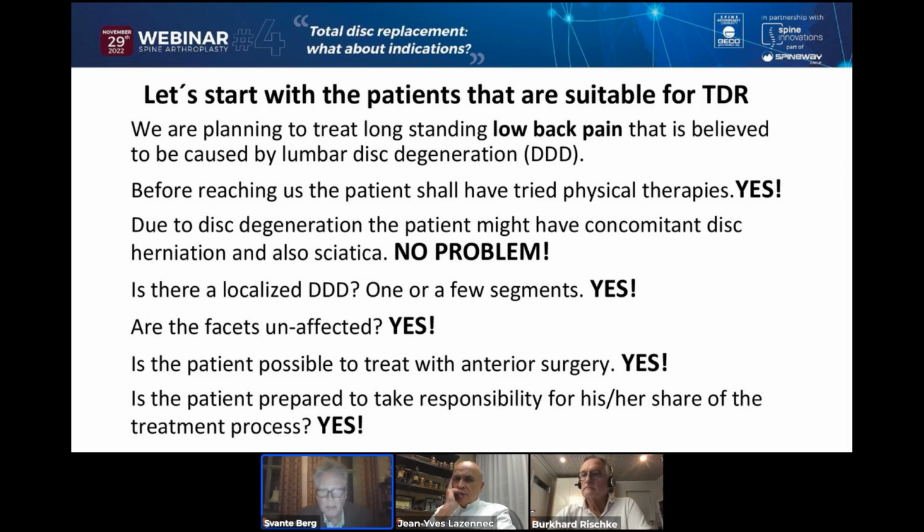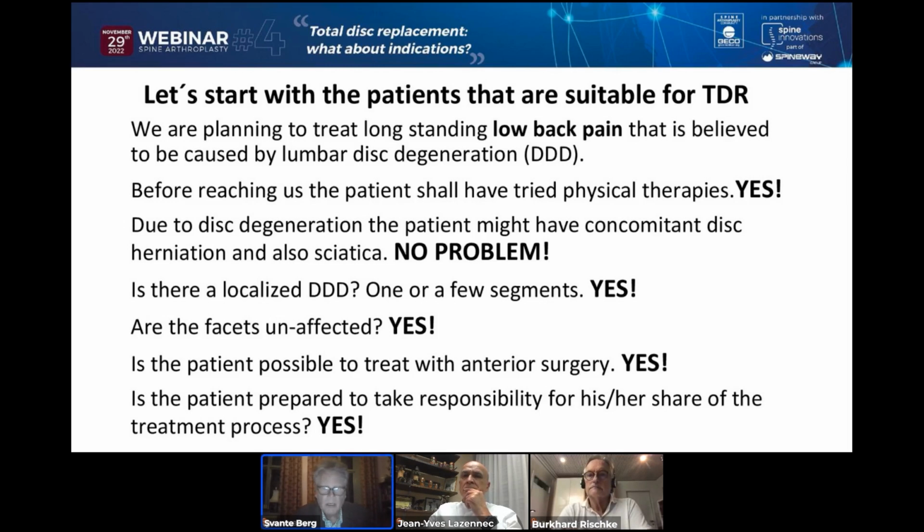The patients must have tried physical therapies before we do the surgery, first of all to know that that is not enough for them, and also to see their interest in taking an active part in what's coming. If the patient has a concomitant disc herniation at the segment, it's not the reason we treat the patient, but it's causing problems. Even if low back pain is the main problem, that doesn't present a problem. We deal with both problems at the surgery.